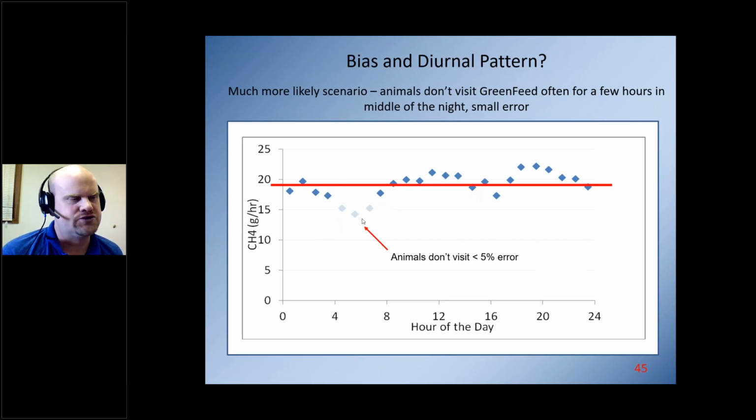So if animals didn't visit for 3 hours of the day when they're sleeping, but yet we have decent visitation, we actually observe biases and errors from diurnal pattern sampling of less than 5%. So the errors under normal circumstances from spot sampling, provided we get even some distribution of visits over the course of the day, are actually really quite small, and I would say second order effects.